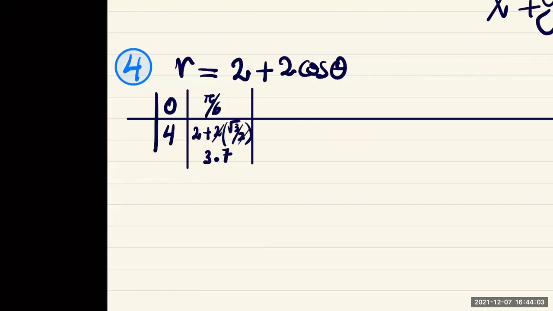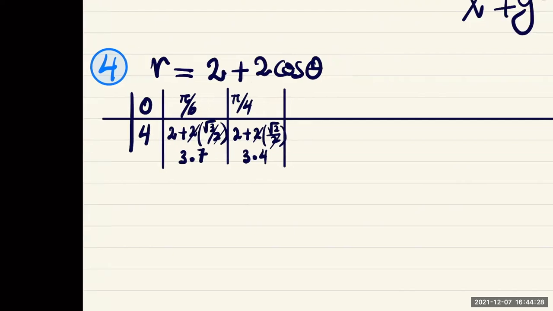We'll plug in pi over 4. Cosine of pi over 4 is root 2 over 2. These cancel. Root 2 is about 1.4. Add that to 2, you get around 3.4.